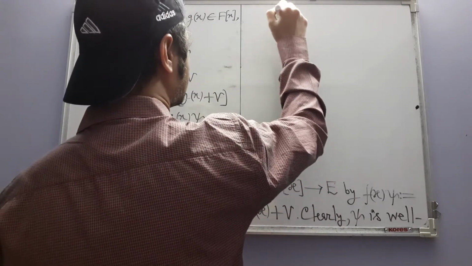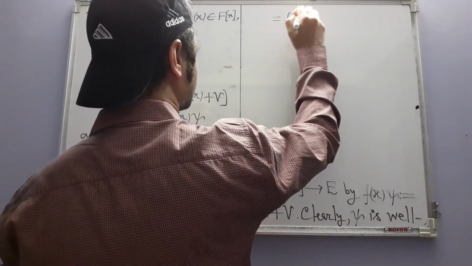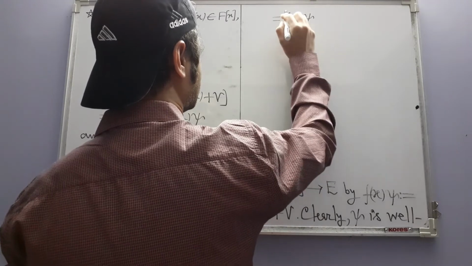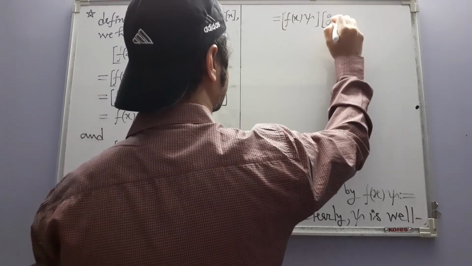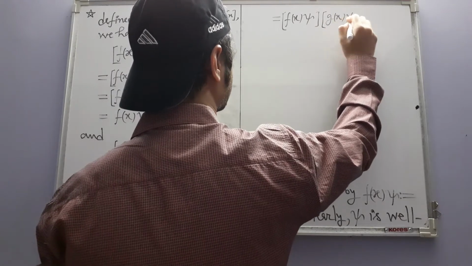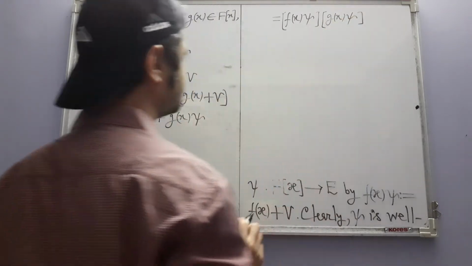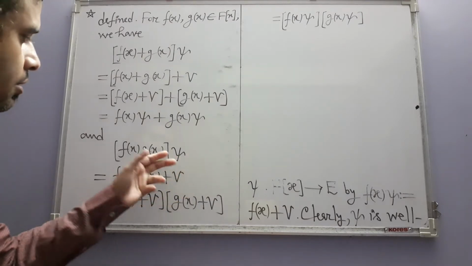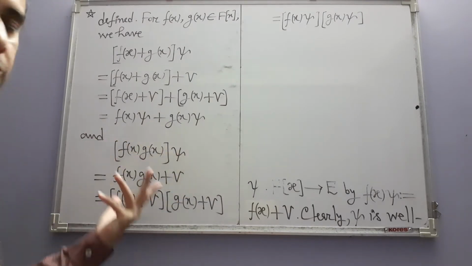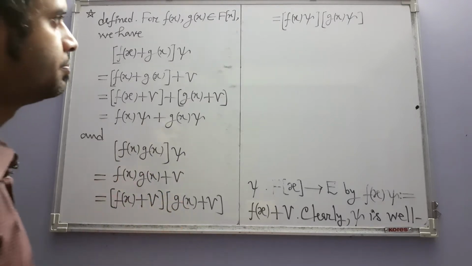And that is equal to the psi image of f(x) times the psi image of g(x), keeping in mind our convention of writing arguments to the left of the function in this book.